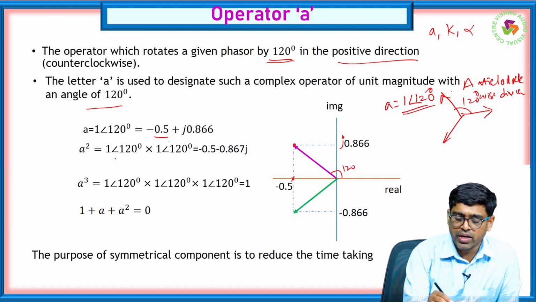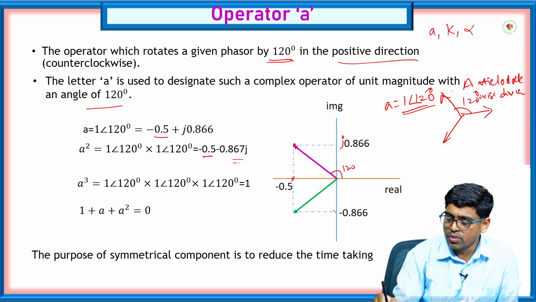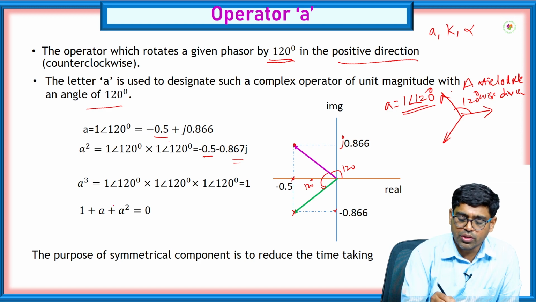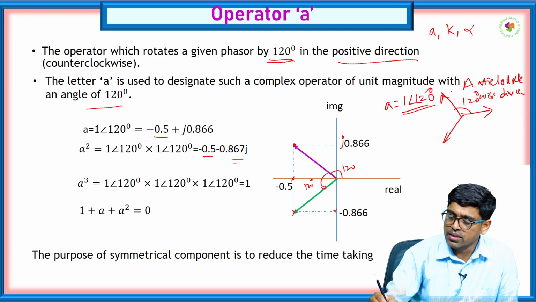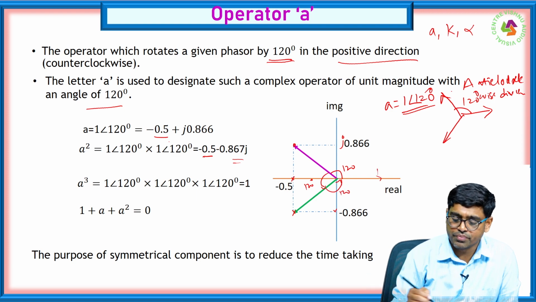Similarly, A square means 1 at angle 120 times 1 at angle 120, that is minus 0.5 minus j 0.866. Minus 0.5 and minus 0.866 j means this point. After 120 we get this point, then another 120. Further, A cube is 1 at angle 120, three times, which means we come back to the original vector and it becomes 1.